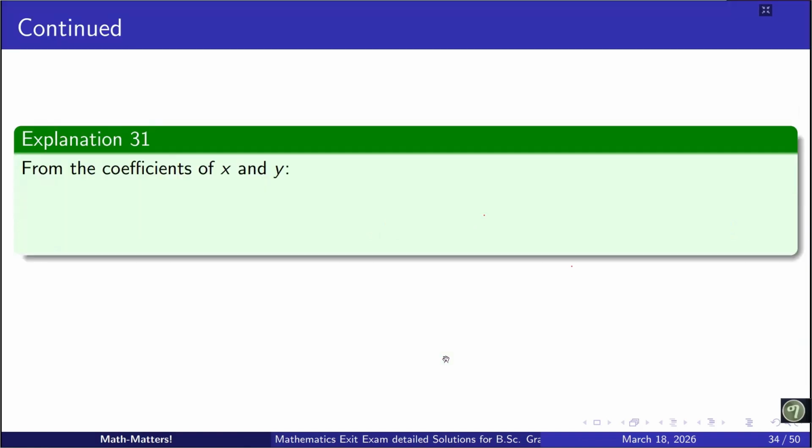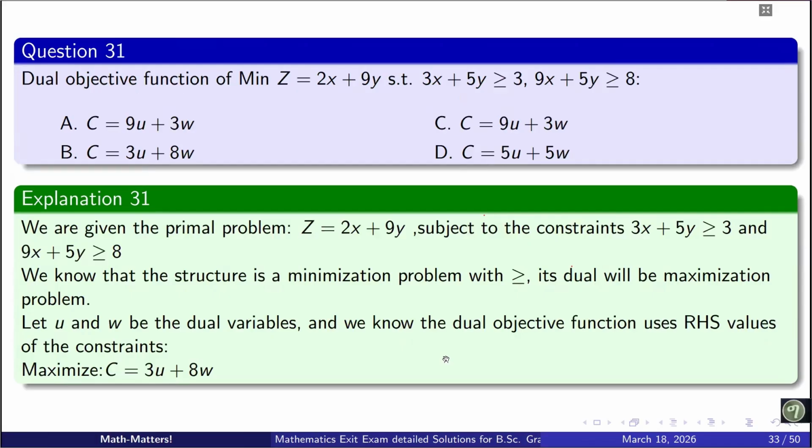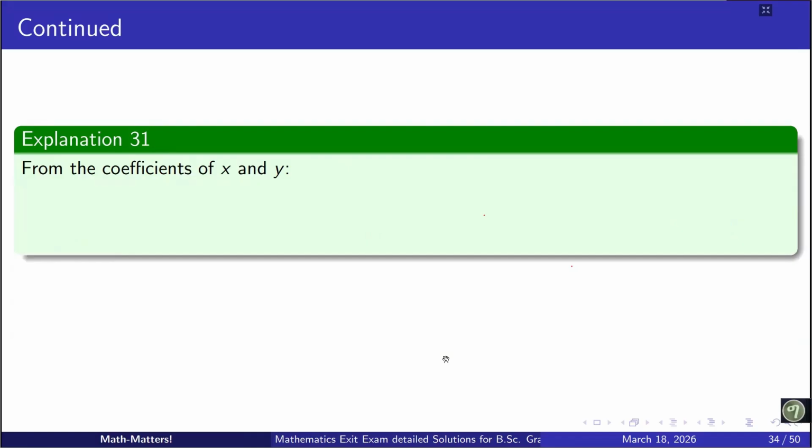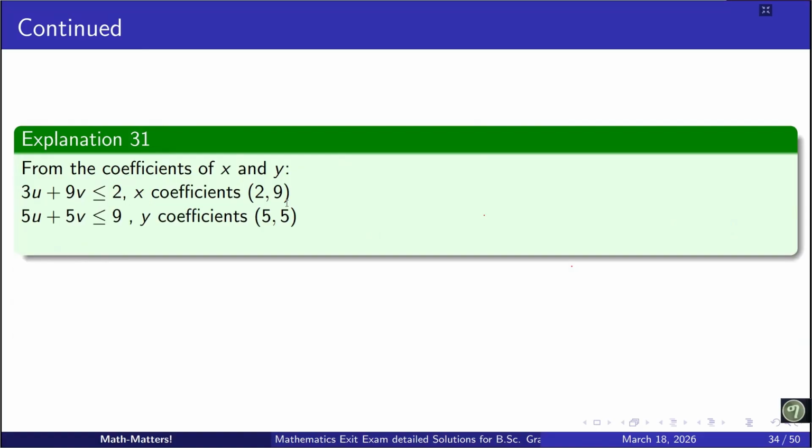From the coefficients of x and y, we have 3u plus 9w less than or equal to 2 for the x coefficients, and 5u plus 5w less than or equal to 9 for the y coefficients, which are 5 and 5. It's not v, rather it is w. Therefore, u and w are greater than or equal to 0, since the primal constraints are greater than or equal to, the dual variables are non-negative.